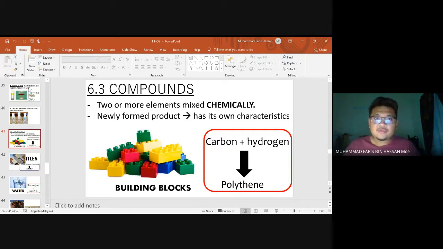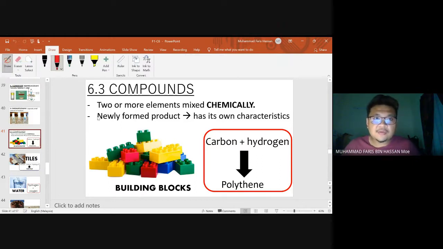When we refer to compounds, the thing you have to know is that a compound is two or more elements mixed chemically. The difference between mixtures and compounds is in this word, chemically. In a mixture, two or more elements are mixed physically, but for compounds, the two or more elements mix chemically.